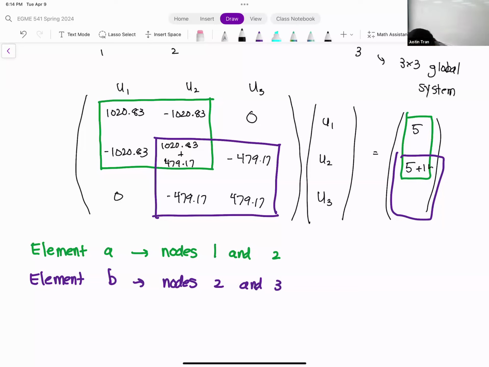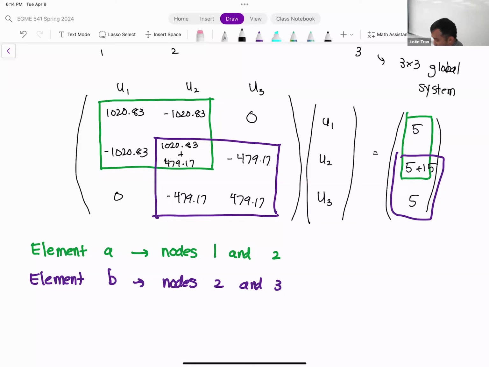So we're going to have a plus 15 and then a 5 up there. So hopefully this part here is pretty familiar. It's basically just the same assembly system.